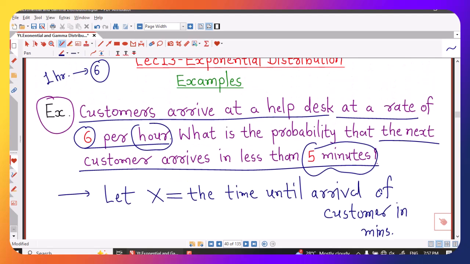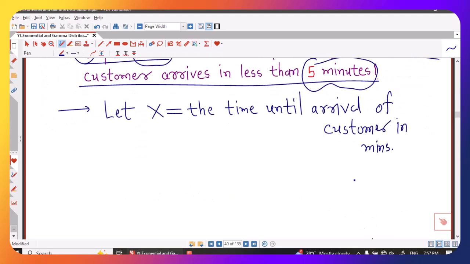And to apply exponential distribution, we will require the parameter of exponential distribution denoted by lambda, and we recall that lambda is average number of events per unit time. So here we are interested in the arrival of customers.